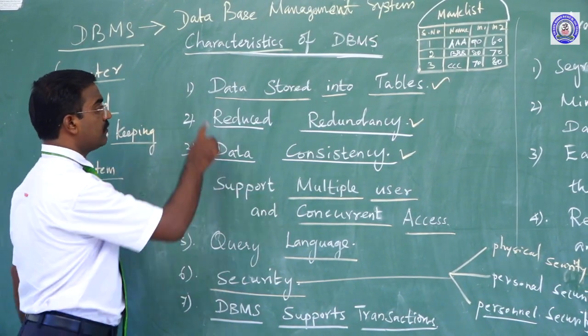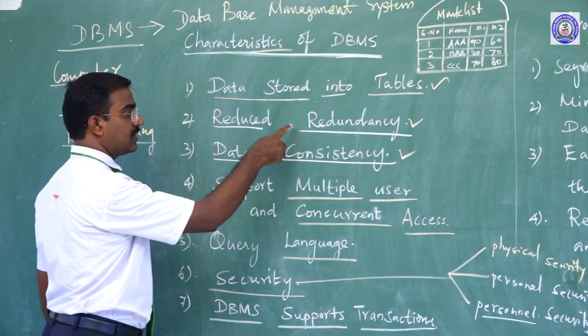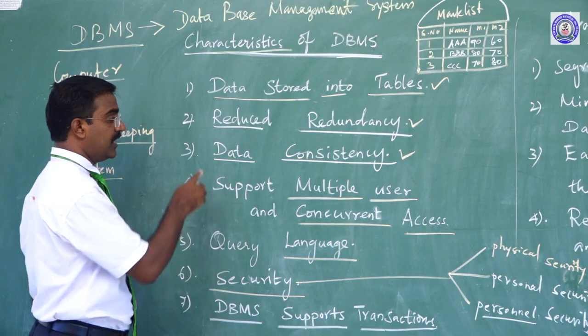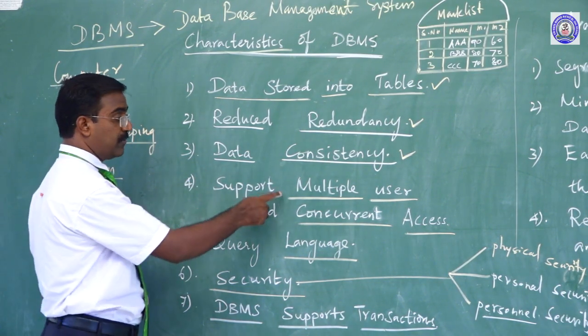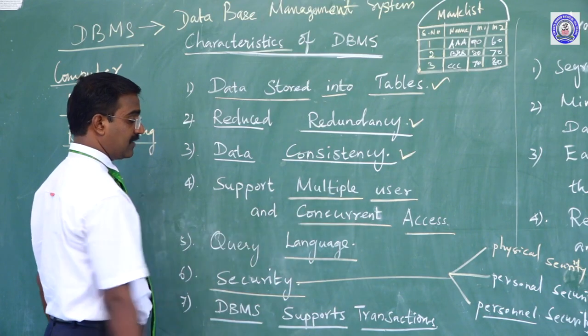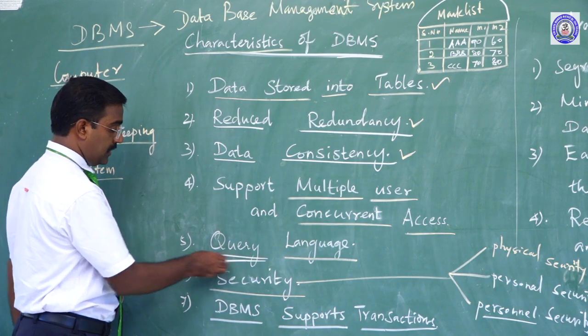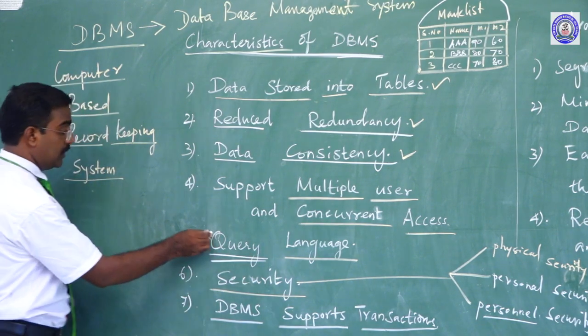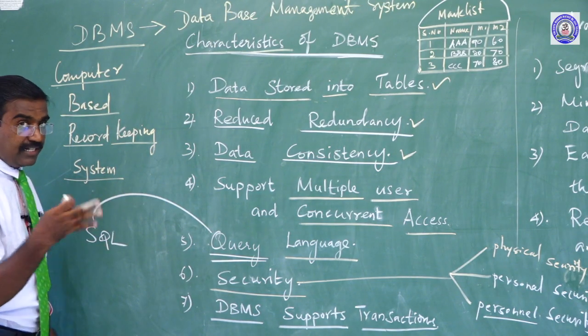Quickly I will tell you. First one is data stored into tables, and then reduced redundancy, manpower will be reduced, data consistency, accurate result we will take, and then support for multiple users and concurrent access. Here, query: what does query mean? Here we will introduce SQL, query-based conditions.